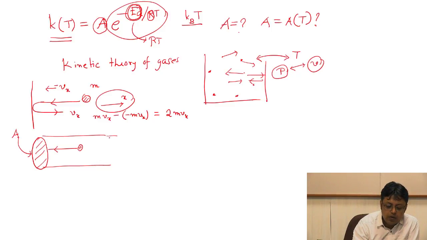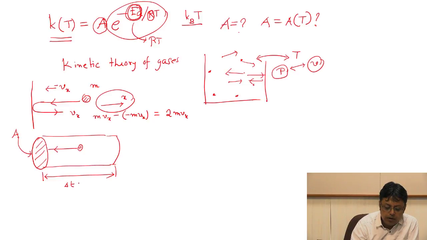To calculate how many molecules, you need to know the volume. So what volume will we choose? Suppose we ask, at some time delta t, how many molecules are within this zone.